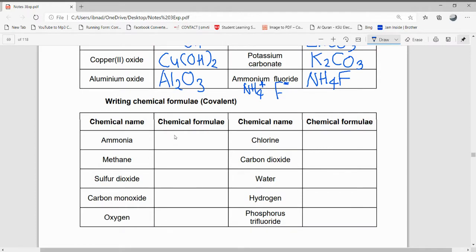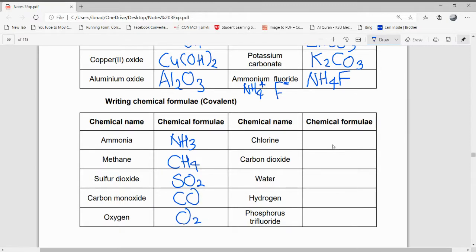Ammonia is NH3. Methane is CH4. Oxygen gas is O2. Chlorine is Cl2. Notice that some gases you need to memorize. Some have two, some have no two. Carbon dioxide is CO2. See the difference: mono means one, di means two. And then you check the O here.